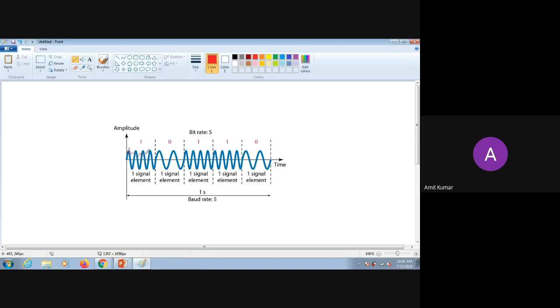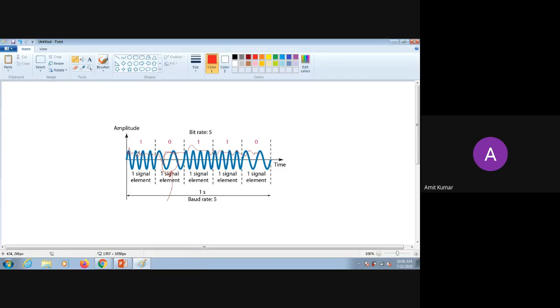But in FSK, your signal will not be affected, because the signal lies in the frequency of this signal element. So if your amplitude is distorted or some change is there in your amplitude, it will do nothing to your signal. It will not be able to disturb your signal in any manner.